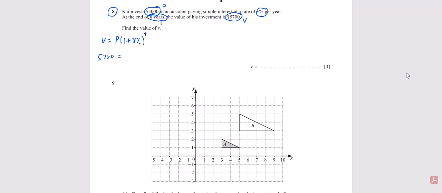5700 is equal to P, which is 5000, into (1 plus R%) to the power T, which is 8.